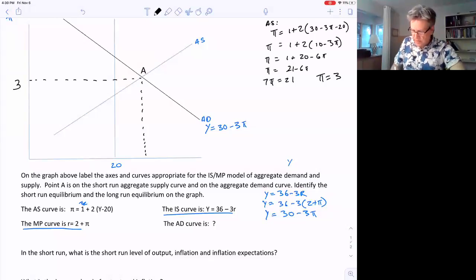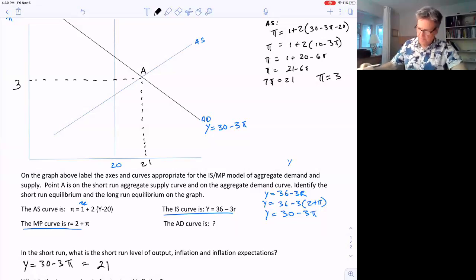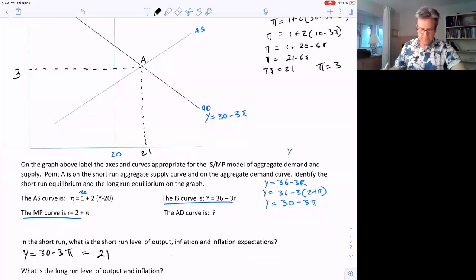The level of output is y equals 30 minus 3 pi, which is 30 minus 9, or 21. Inflation is 3, and inflation expectations is given in the first equation as 1.